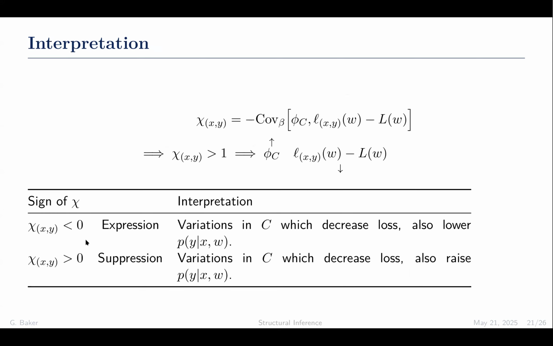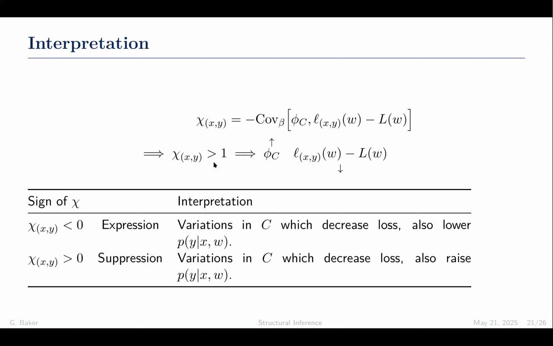So remember, we had the per token susceptibility, and now we know what our phi is going to be. It's a negative covariance between phi c and the difference between the loss on the particular token and the overall loss. So we could take the case where our susceptibility on x, y is greater than 1, in which case if our phi c goes up, then the other part needs to go down.